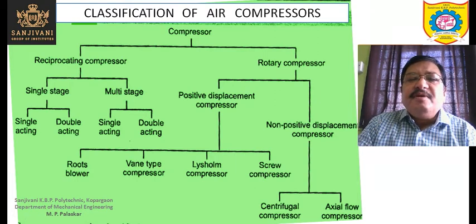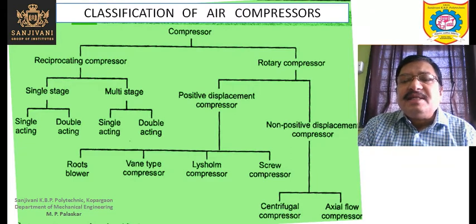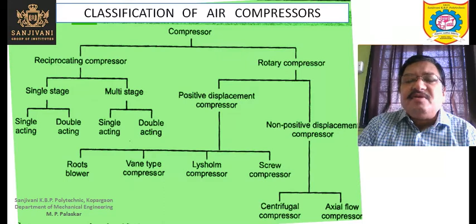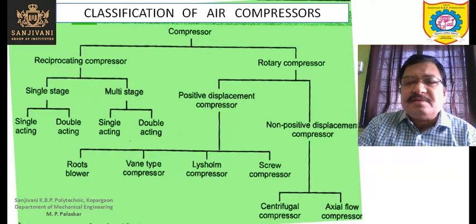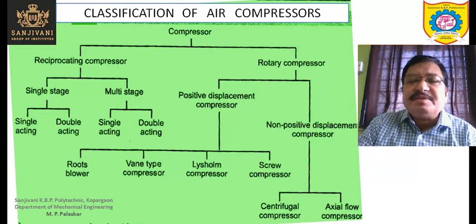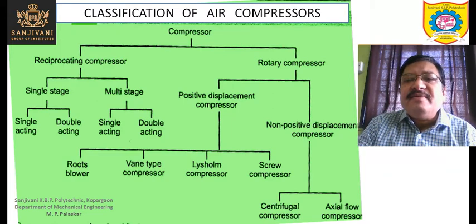In positive displacement compressors, the compression takes place due to the decrease in volume. The air is forced to get compressed because the volume is decreased due to the relative motion between the various components. The air has no other way than to get compressed. It cannot go anywhere else.